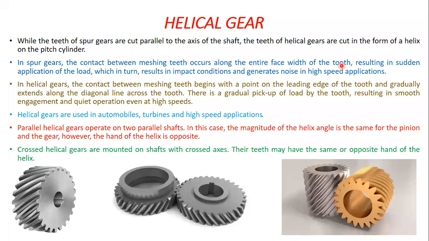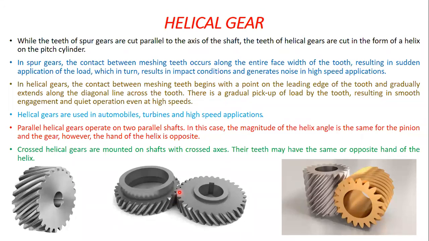Whereas if you see the helical gear, compared to the spur gear, it operates quiet. I will tell you the reason. In the helical gear, the contact between the mesh teeth begins with a point.